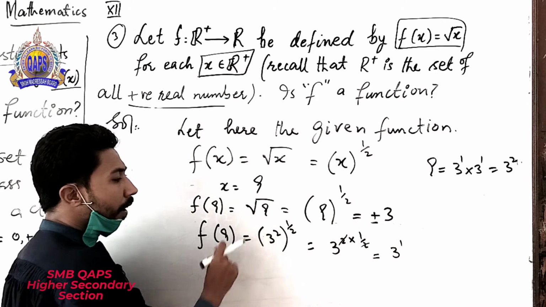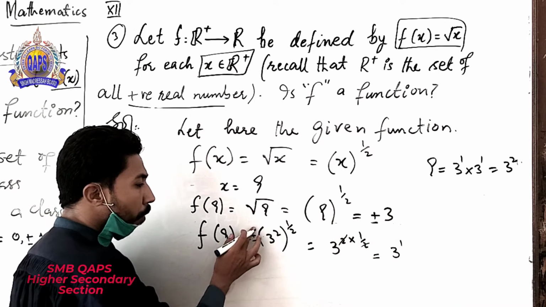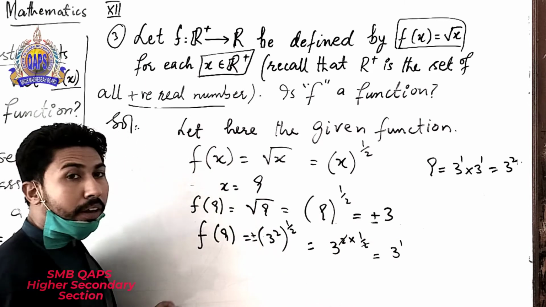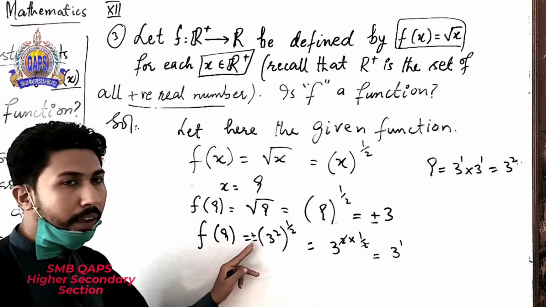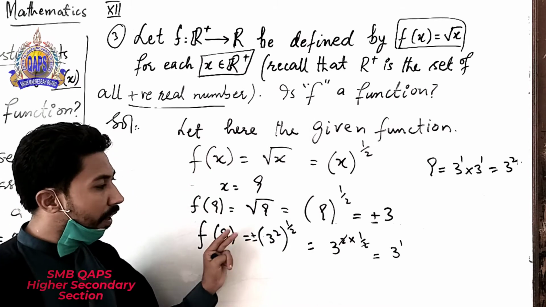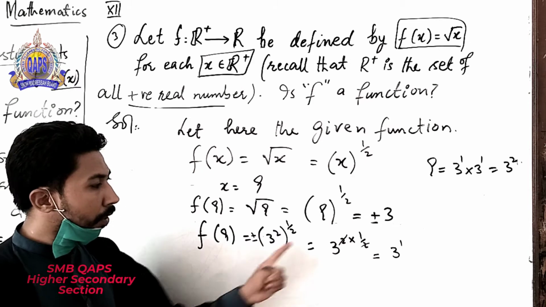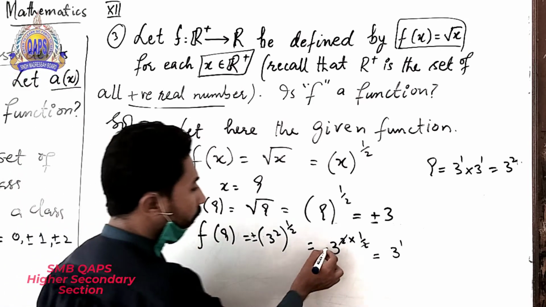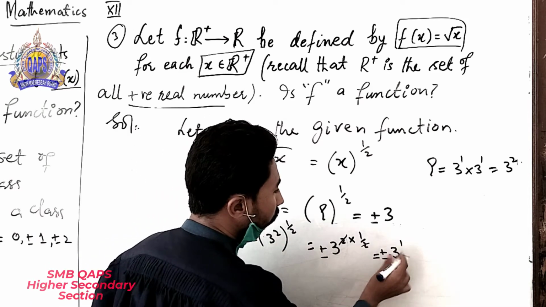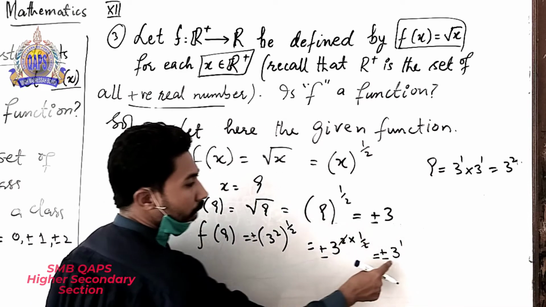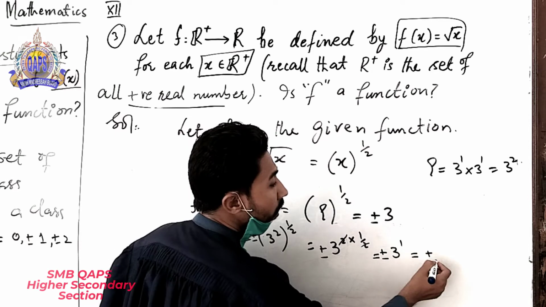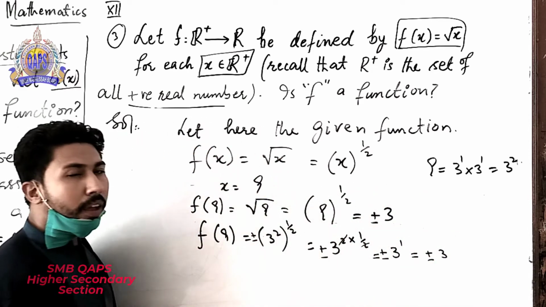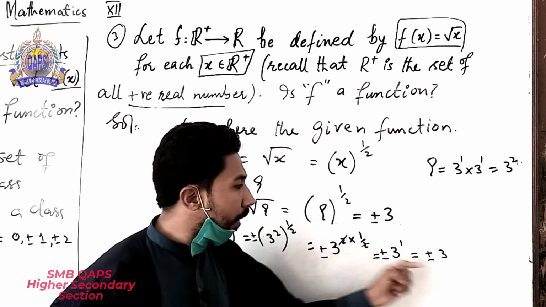But in the radical sense it contains two values: one positive and the second negative. If we cancel the power, then it contains a positive and a negative sign. So 3 power 1 gives positive 3 and negative 3.